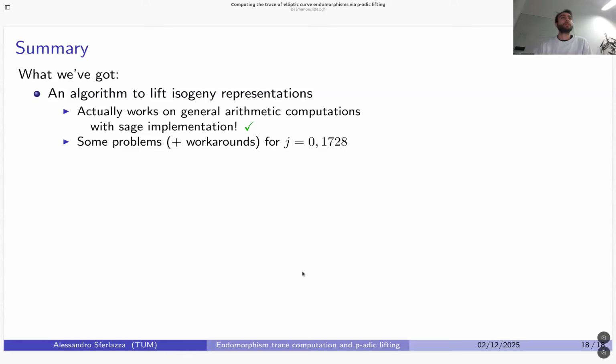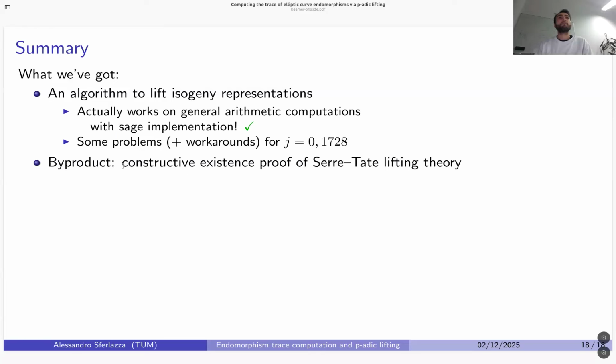So what do we have? As a further recap, we got a way to lift isogenies with whatever representation you like. We're implementing that in Sage. As a byproduct, all this abstract lifting theory has a computational counterpart that also gives explicitly the existence of the endomorphisms we're trying to lift.